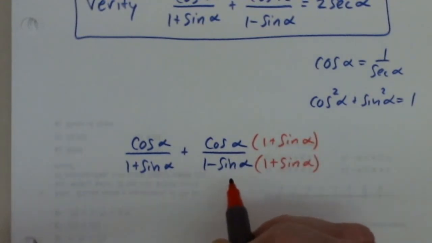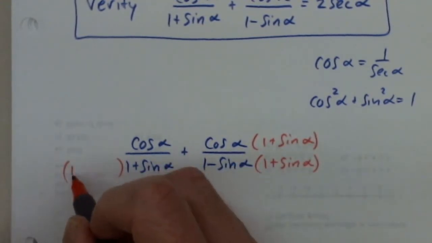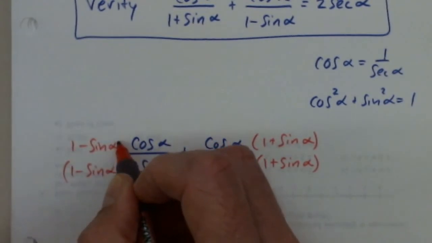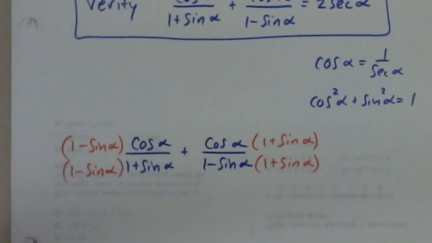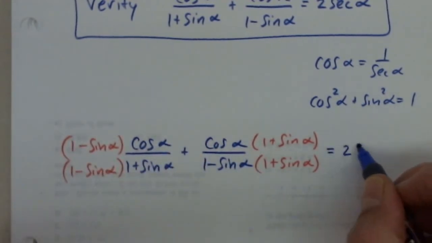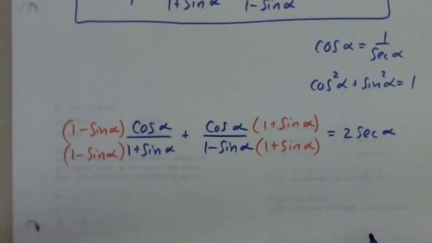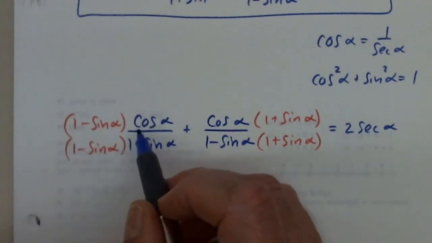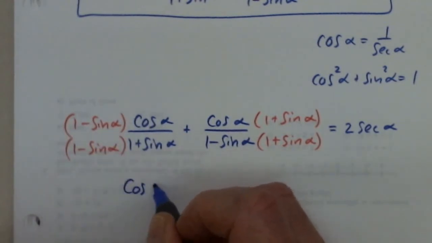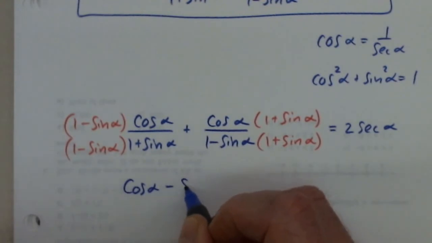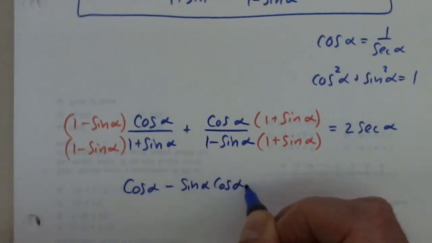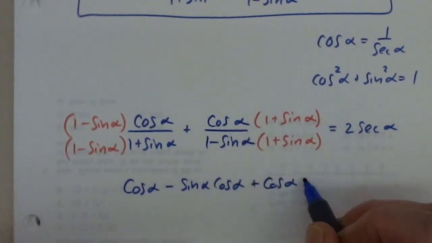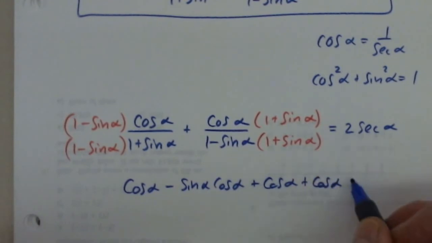Let's multiply this side by this. If we distribute this, we'll have cosine alpha minus sine cosine. Here we're going to have cosine plus cosine sine.